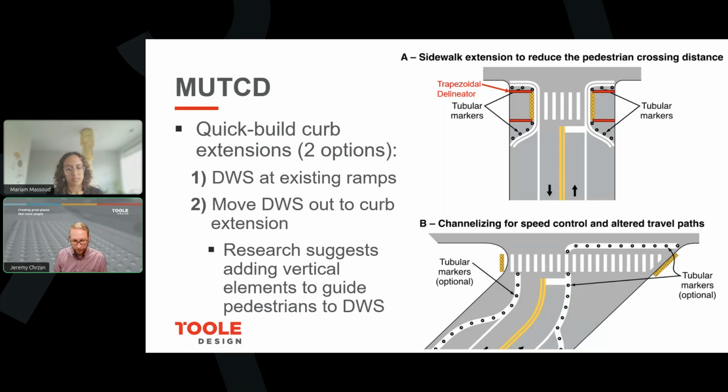And while the red information in that top image is not from the MUTCD, that is a recommendation based on research that if you are going to do this, you should add trapezoidal delineators or parking stops or some sort of other densely spaced vertical elements, so that a pedestrian that proceeds down the curb ramp that does not have detectable warning surfaces on it has something reliably detectable to guide them out to those detectable warning surfaces.